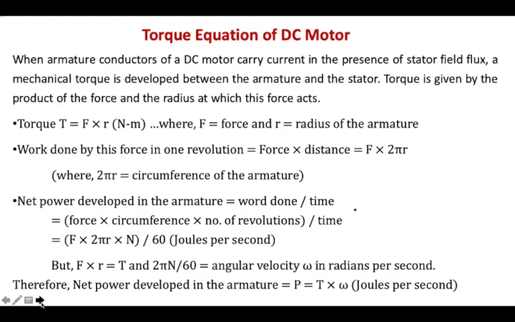But we know that F into r is the torque and 2πN/60 is the angular velocity in radians per second. Therefore, the net power developed in the armature can be given as P = ωT.